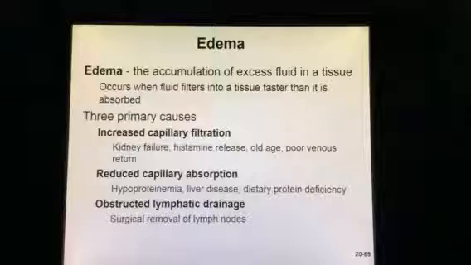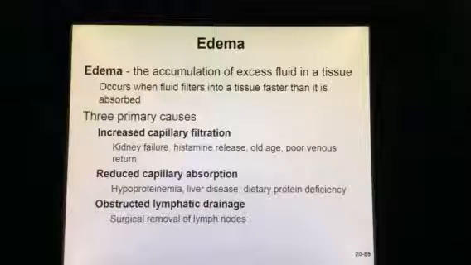An accumulation of excess fluid in a tissue is an edema, and that occurs when fluid is filtered into a tissue faster than it can be reabsorbed. There are three basic causes for this. One is if the capillaries are increasing their filtration. It can also happen if the capillaries are not absorbing as much as they normally would. The other cause would be obstructed lymphatic drainage.